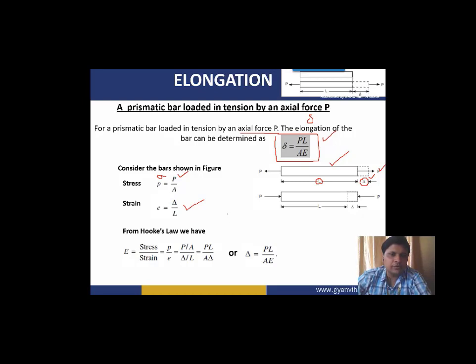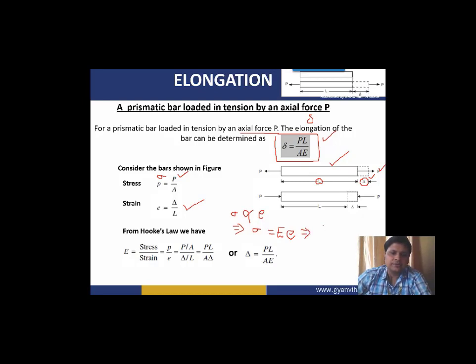Now we also know, through Hooke's law, that stress is directly proportional to strain. Removing the proportional sign, you get a constant, which is known as the modulus of elasticity.